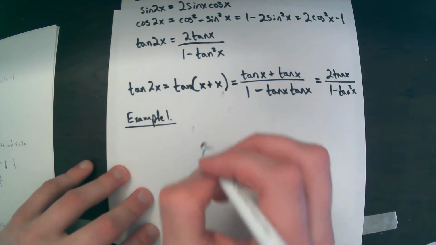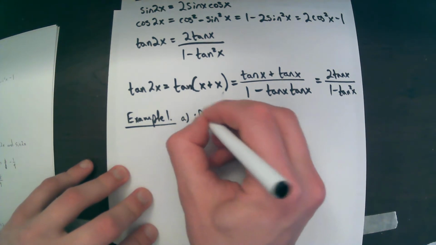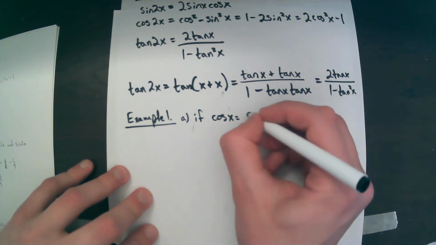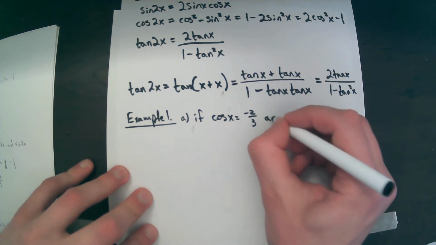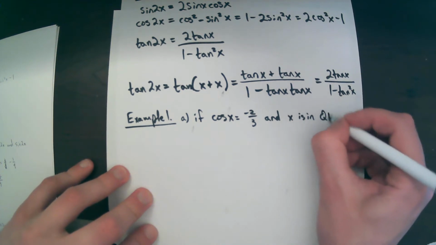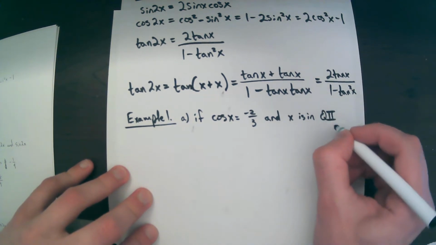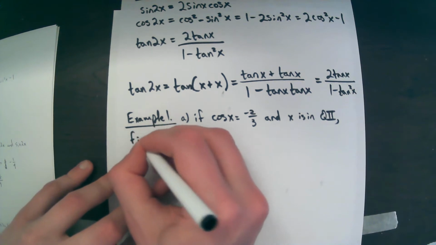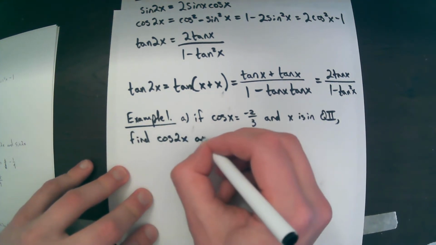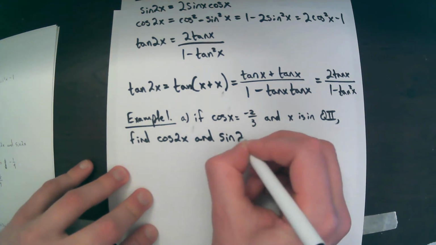So let's say for part A, if cosine of x is equal to negative 2/3 and x is in quadrant 2, find cosine of 2x and sine of 2x.